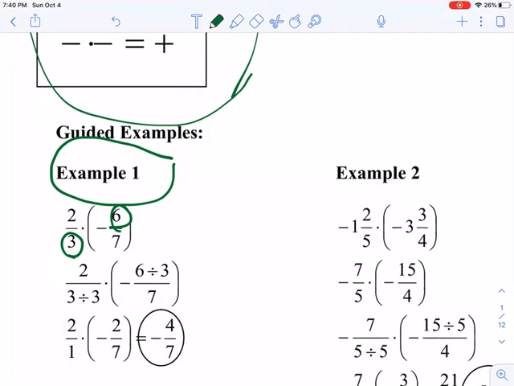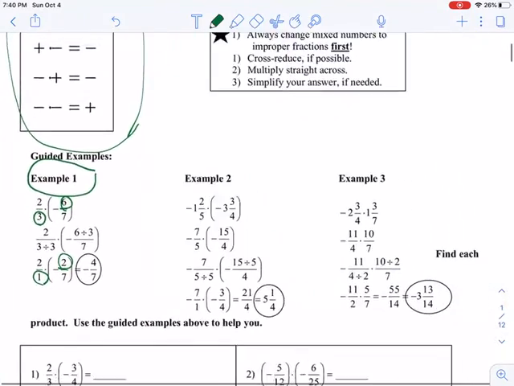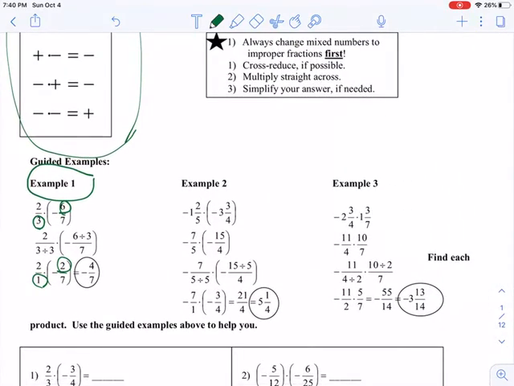They divided them both by 3 and ended up with 1 and 2. If you don't want to do that and you just want to go straight across and then reduce at the end, you can. The other thing to remember is if you have mixed numbers, like in example 2 and 3, you have to change them to improper first. Then you can cross reduce if you want to and multiply straight across.